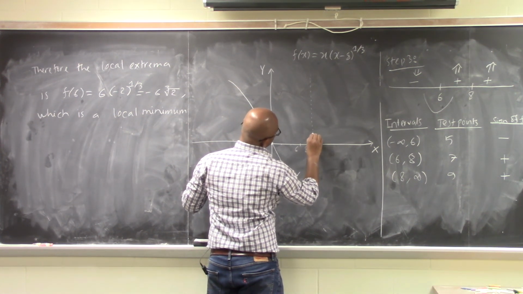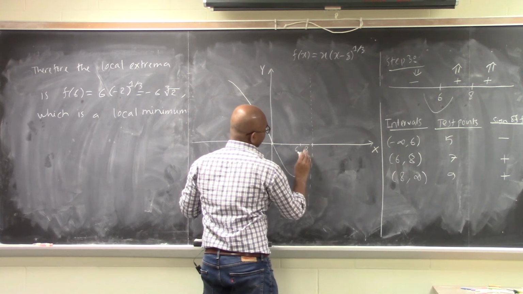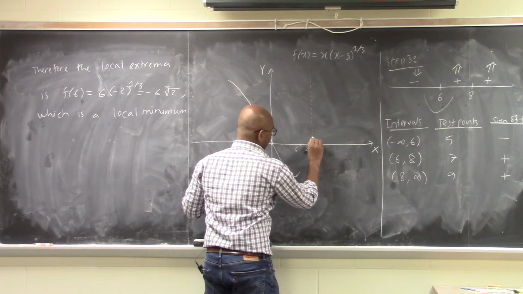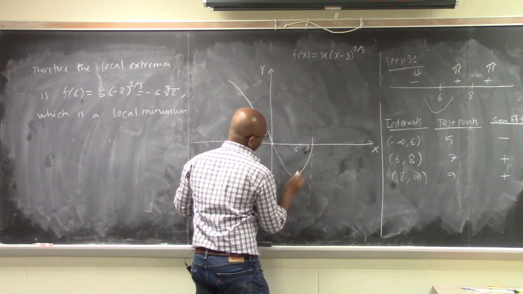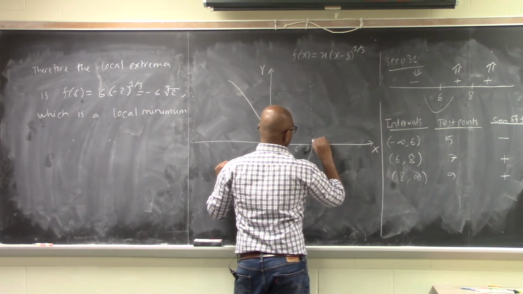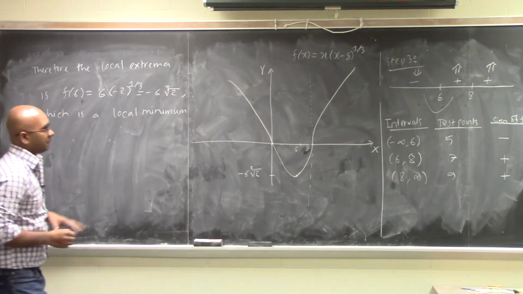Okay, so at x equals 8, all right, I will call this guy 8. Okay, so it's a vertical tangent, so it almost looks like this in this part, and after that it goes to infinity. So after that it goes like this. So it's kind of like this shape.